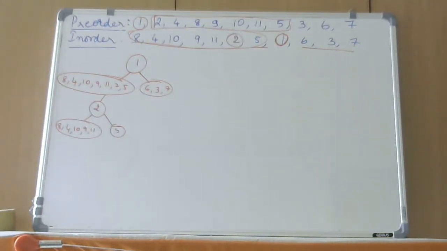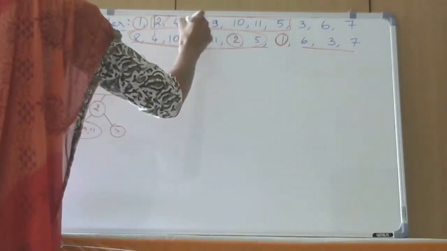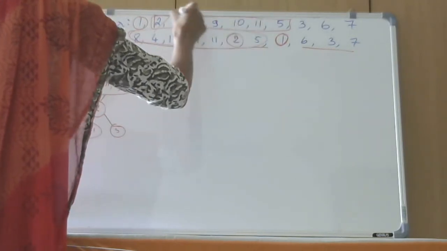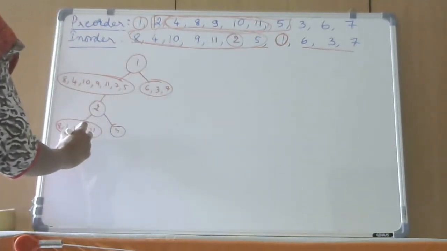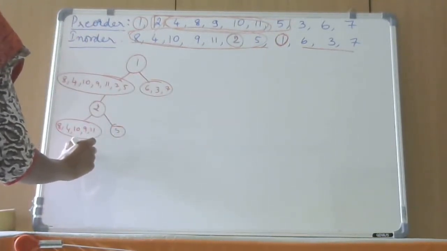Now, observe this part: 8, 4, 10, 9, 11. 2 is over. Which is coming first? 4 is coming first, correct? So 4 will become the root.